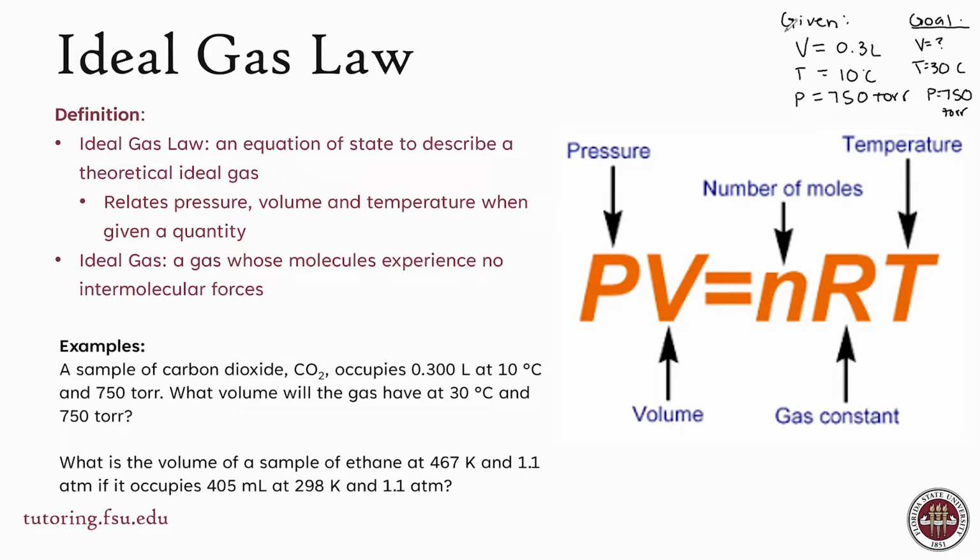So now we're talking about the same sample and the same amount of sample. So the number of moles in these would be the same. And since we're comparing, let's say that this is our given, V1, T1, P1, and we're looking for V2, T2, P2. So the best way to do this is compare using the ideal gas law.